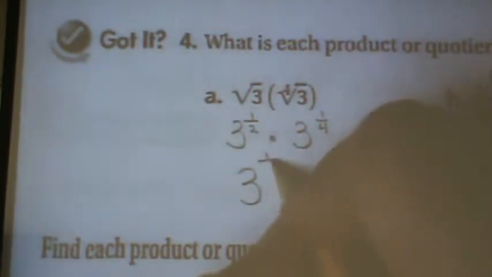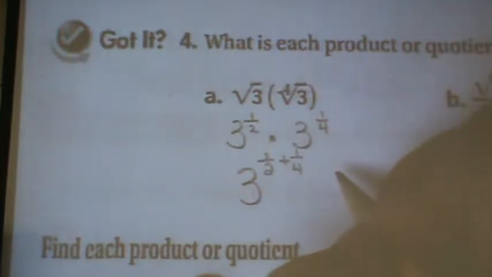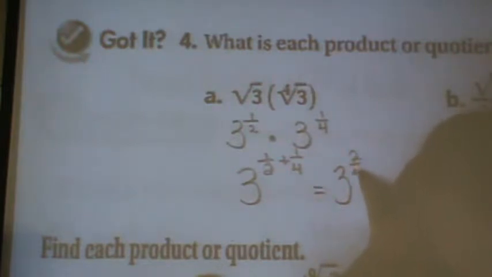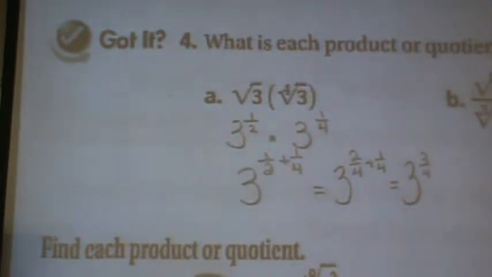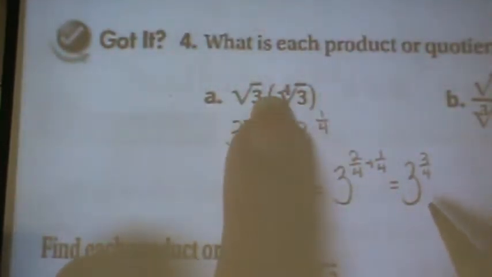What we're going to do is manipulate these 2 fractions. What's 1/2 plus 1/4? What's your common denominator? 4. 2/4 plus 1/4 is 3/4. That's it. Now, can I rewrite this in this language right here? Yes. What would it be?